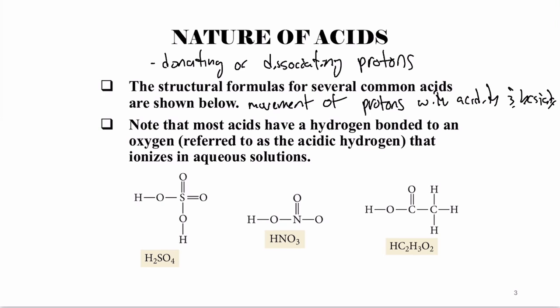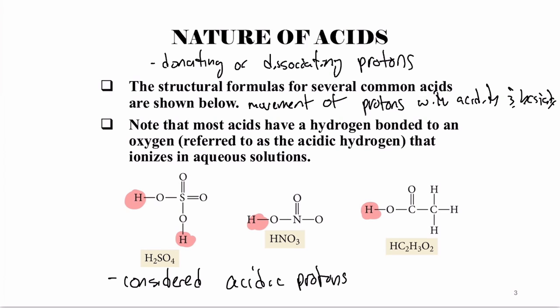And in these structures, all the ones that I'm highlighting in red, these are considered acidic protons. Right, this is for acids. For bases, usually we do the opposite. We're going to be pulling protons rather than donating protons. Right, so the reason that these protons tend to be acidic is because of something you guys may have seen in first semester chemistry.